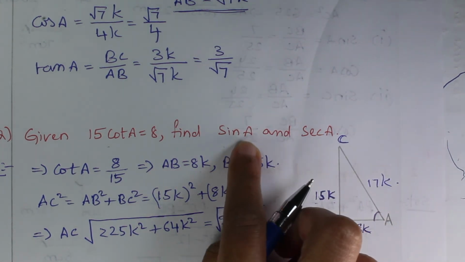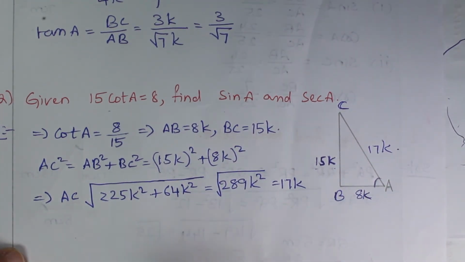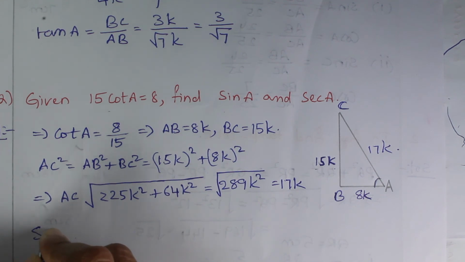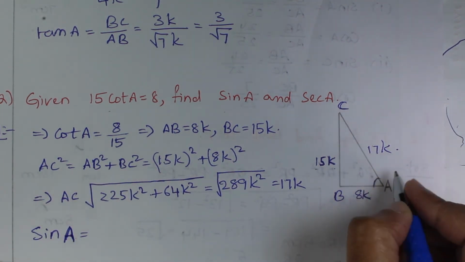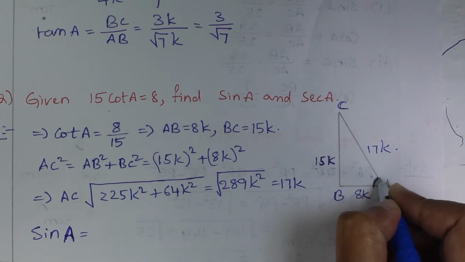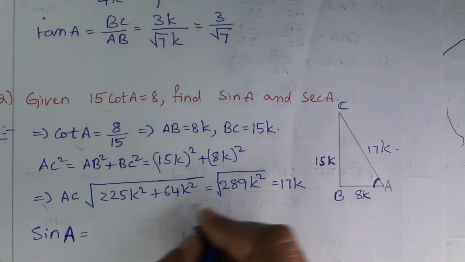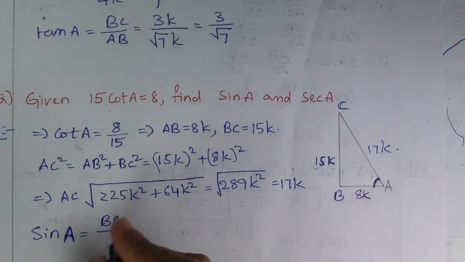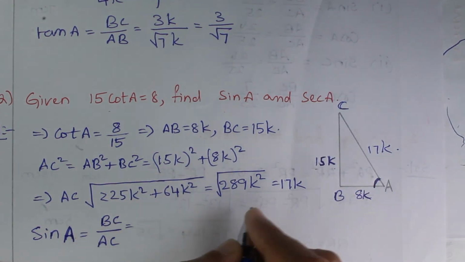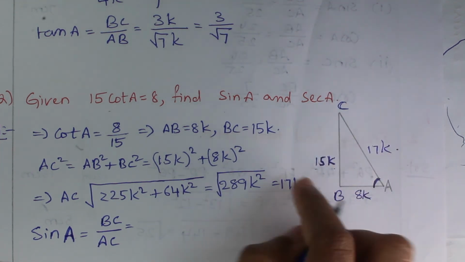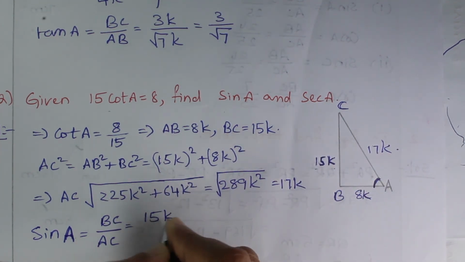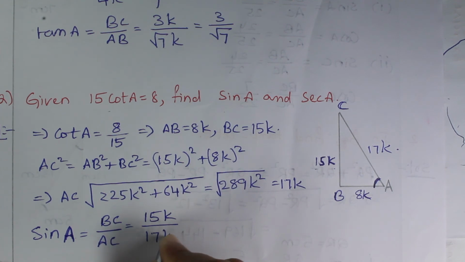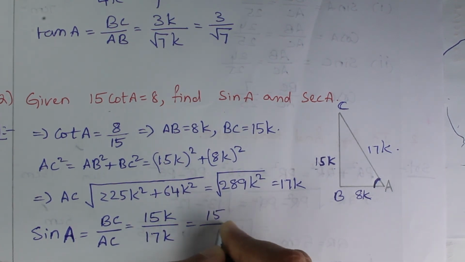Now we have to find the value of sin A. What is sin A? Sin A is opposite side by hypotenuse. So the side opposite to angle A is BC divided by hypotenuse AC. That is equal to BC is 15k divided by hypotenuse 17k, that is 15 by 17.